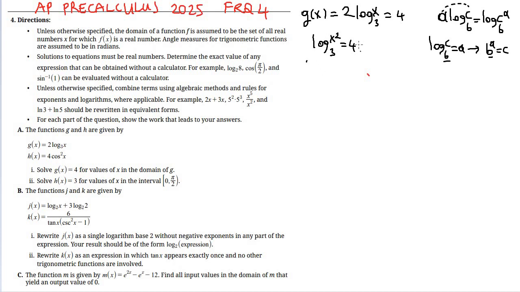So here we're going to do the same. 3 to the 4th is equal to x squared. From here 3 to the 4th is 81, equal to x squared. From here x is equal to plus or minus 9. We're going to reject the negative part because the argument cannot be negative here. So the x value is equal to 9.